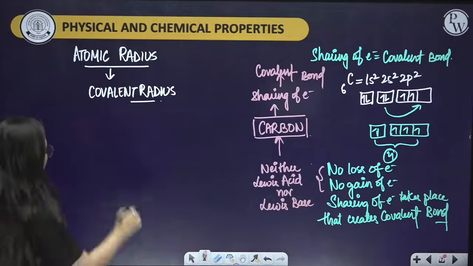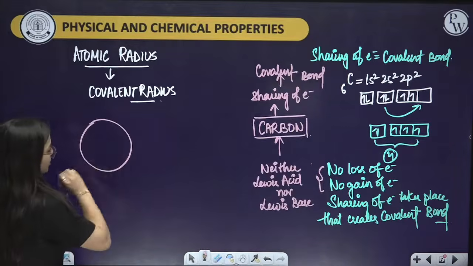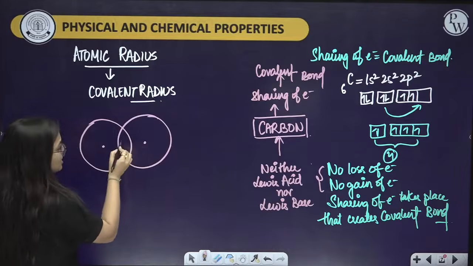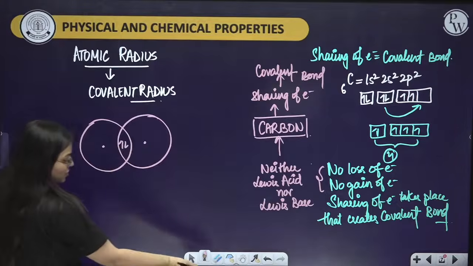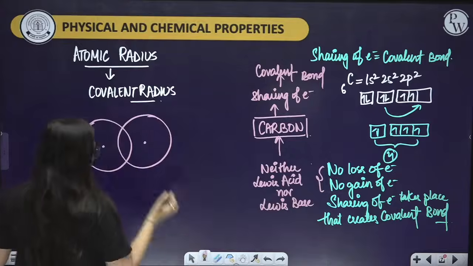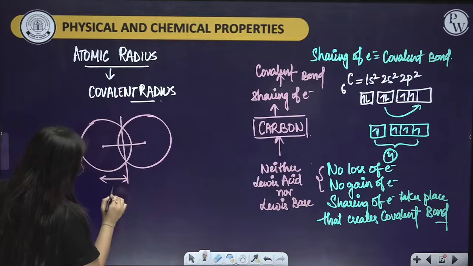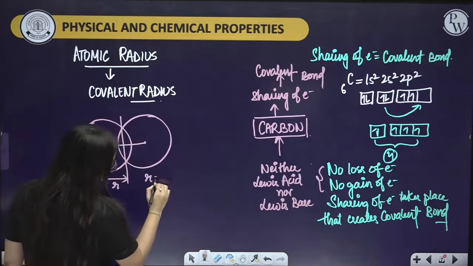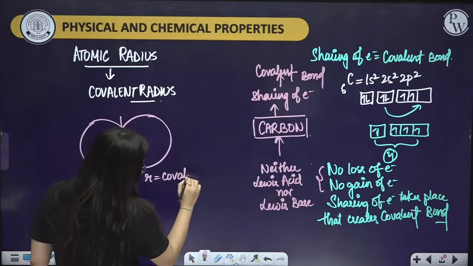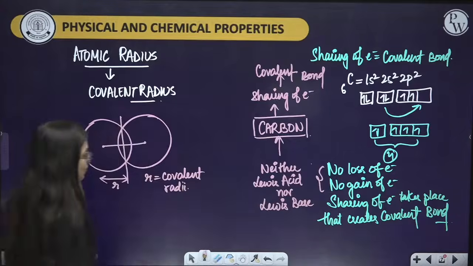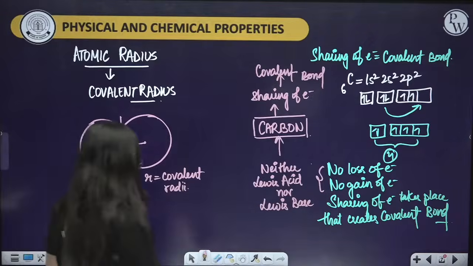How does it look like? For example, it is the radius of the first one and it is the radius of the second one. So this is basically the sharing of some electrons, okay. So this is basically a structure of the covalent radii. This R here represents covalent radii, when there is a sharing of electrons.